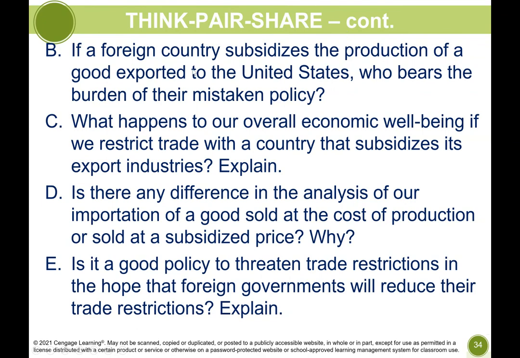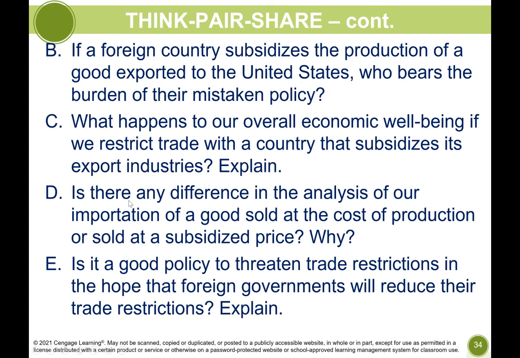Think, pair, and share continued. Number B: if a foreign country subsidizes the production of a good exported to the United States, who bears the burden of their mistaken policy? Number C: what happens to our overall economic well-being if we restrict trade with a country that subsidizes its export industries? Explain.